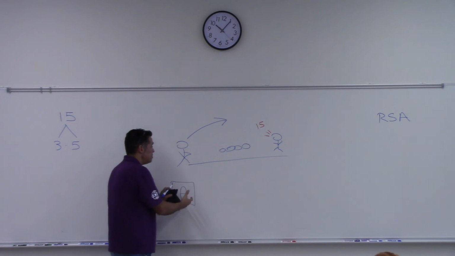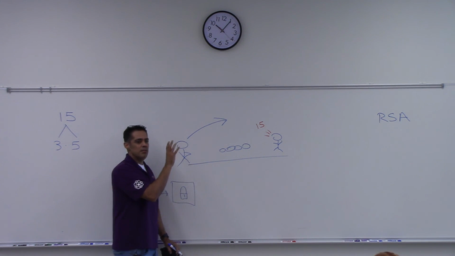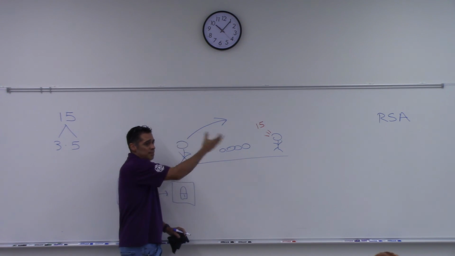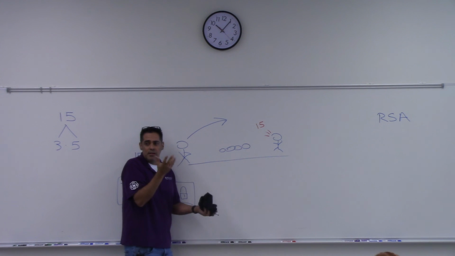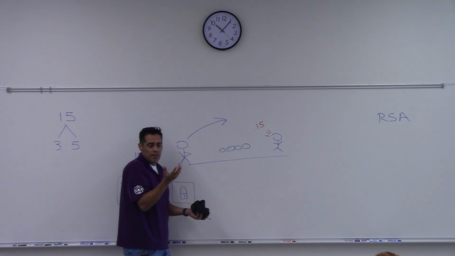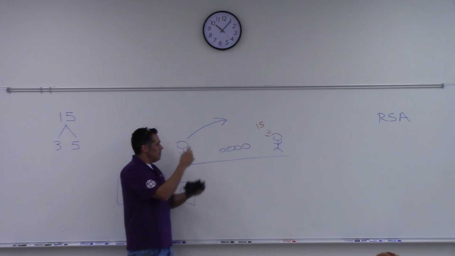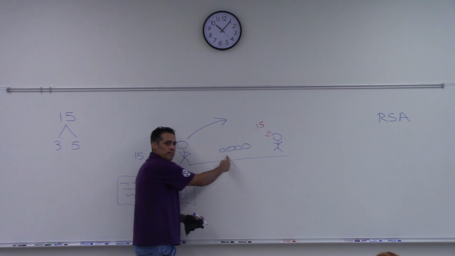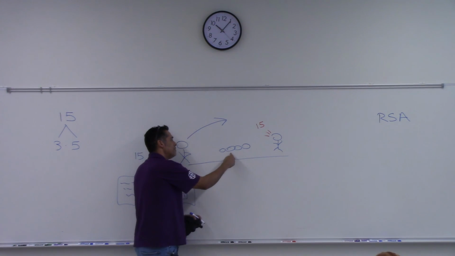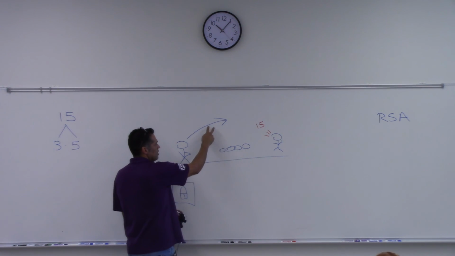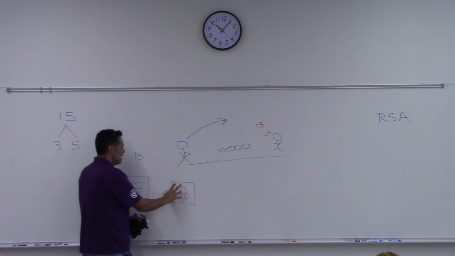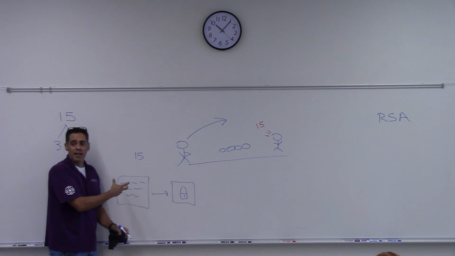And what I do with this message, I yell it. So now I'm yelling the message that I wanted to send originally. Now when I yell it, it's going to be scrambled nonsense that no one understands, right? But these people can hear it, right? So you would think that all they have to do is say, hey, wait a minute, hold on, I'm just going to take that scrambled message and use the 15 to unlock it.